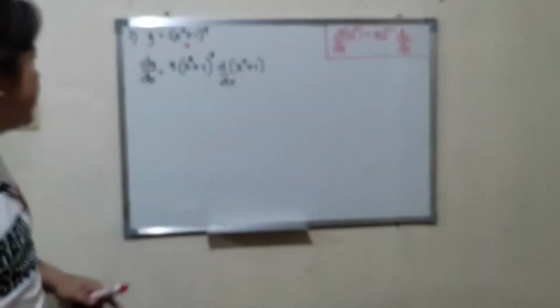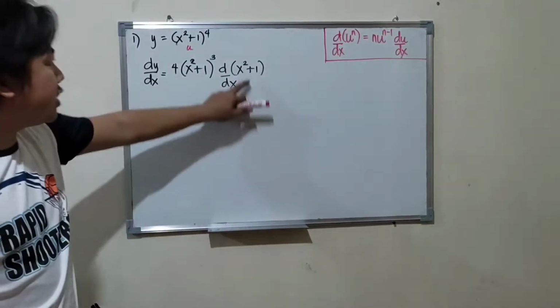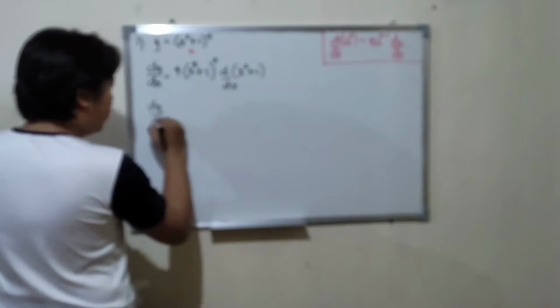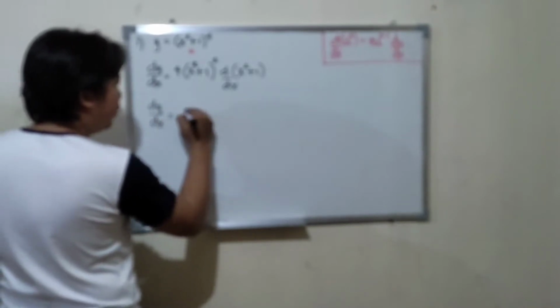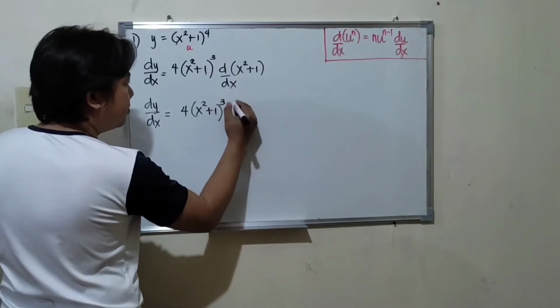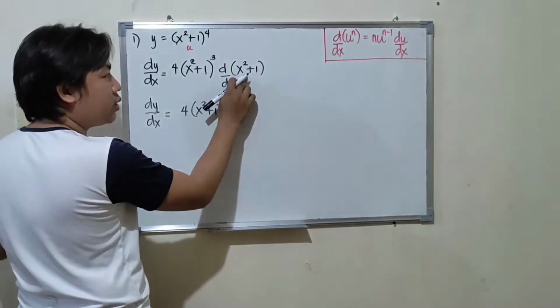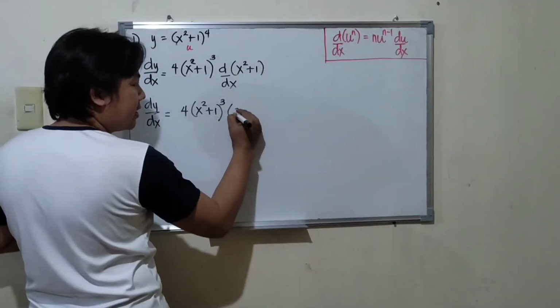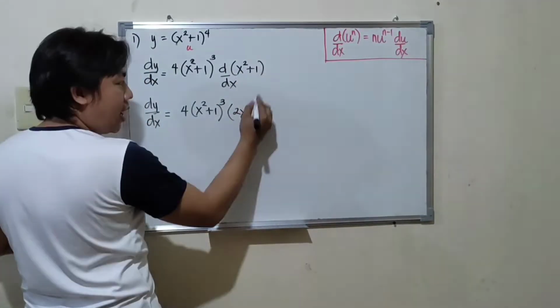Okay, so next, get the derivative of x squared plus 1. So we have derivative of y with respect to x is equal to 4 times x squared plus 1 cube. So we have derivative of x squared. So apply this. So we have 2 times x to 2 minus 1. So we have 1.